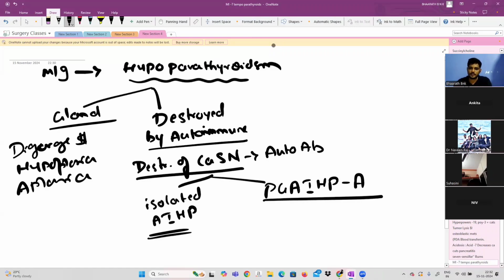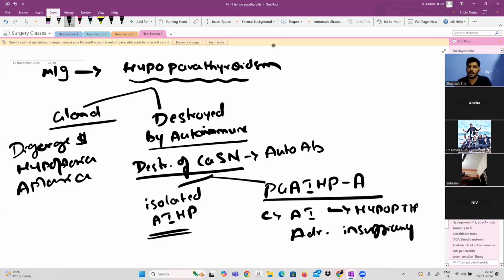So, where there is autoimmune hypoparathyroidism, along with that, there is adrenal insufficiency and there is mucocutaneous candidiasis. Right? These three are clubbed together, and this is called polyglandular, because two glands are involved, polyglandular autoimmune hypoparathyroidism type A.